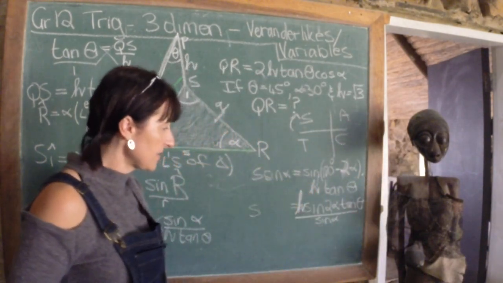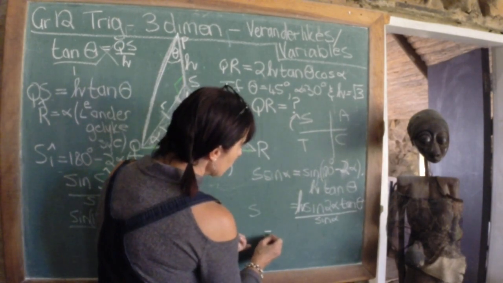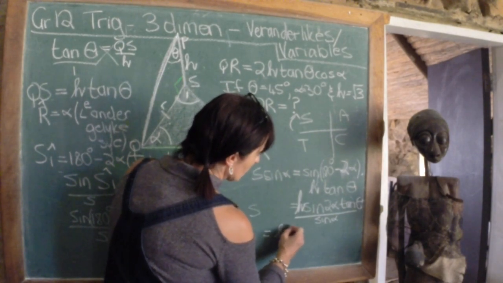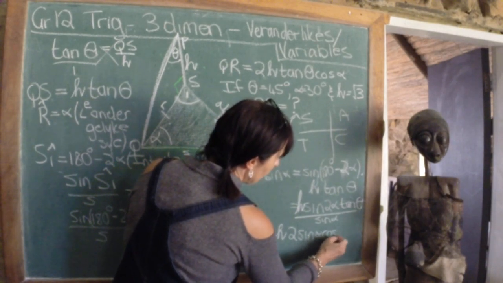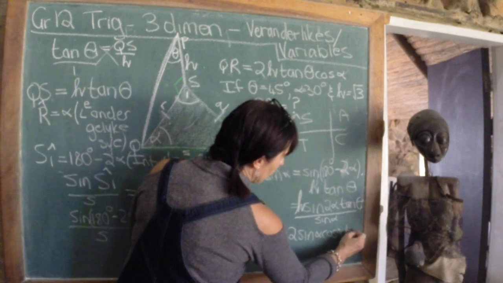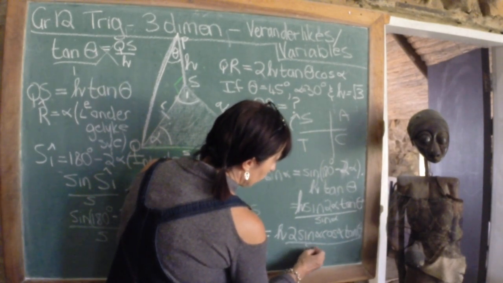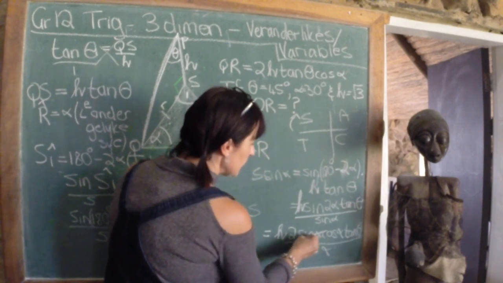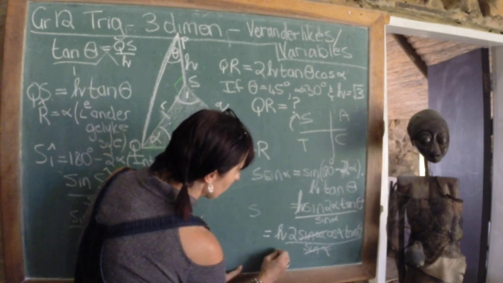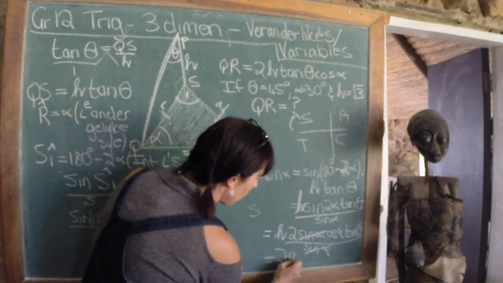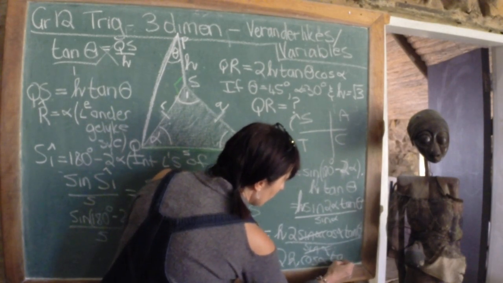If you look at that, there's a known double angle, so I can substitute it with 2 sin alpha cos alpha, tan theta, sorry, on sin alpha, dan kanselleer die sin alphas uit en ek sit met my finale antwoord as 2h cos alpha tan theta.